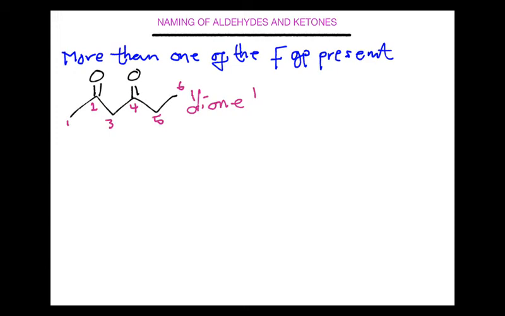Now we have carbon 2 and 4 having the functional group, so it's going to be 2, 4, and we'll bring our dash, hexane dione. Now you can try this out.